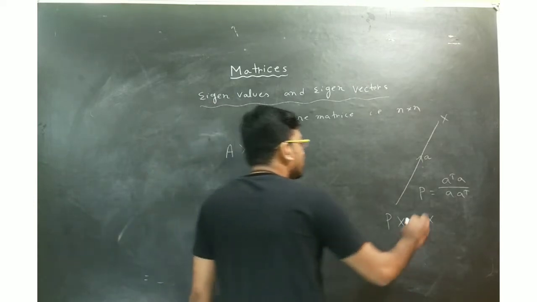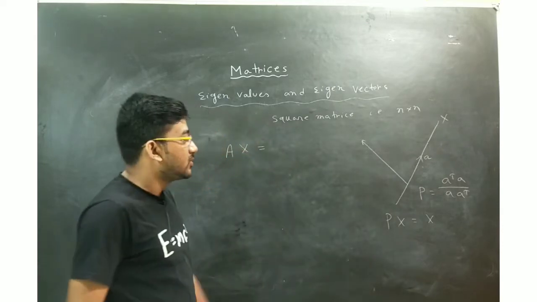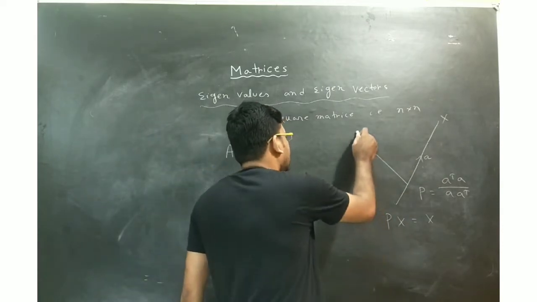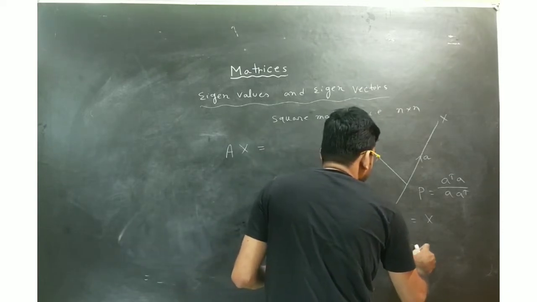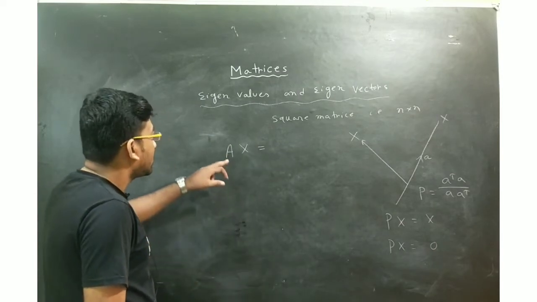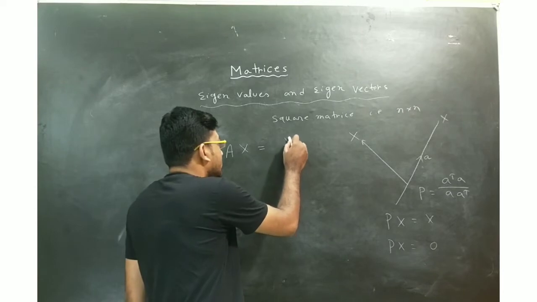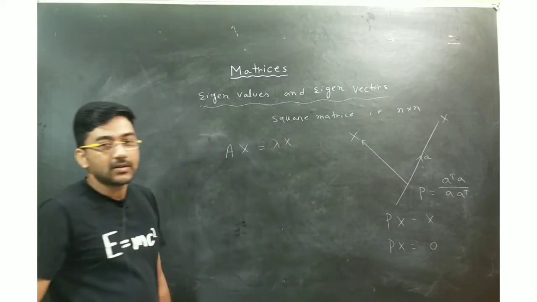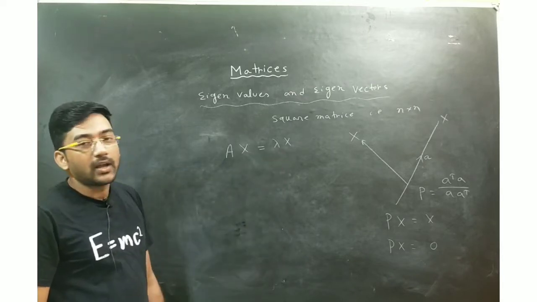But if x is along the direction perpendicular to A, perpendicular to this line, and you operate on x this time, then you will get 0. So in general, if there is an operator which operates on x, you will always get x with some coefficient lambda, and here lambda is a scalar obviously, and this is known as the eigenvalue.